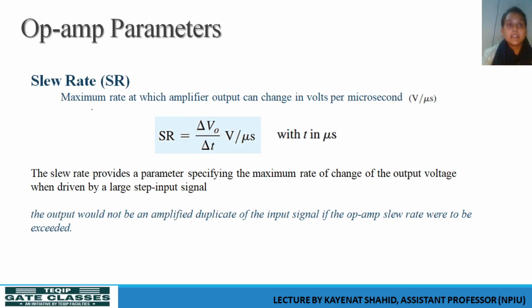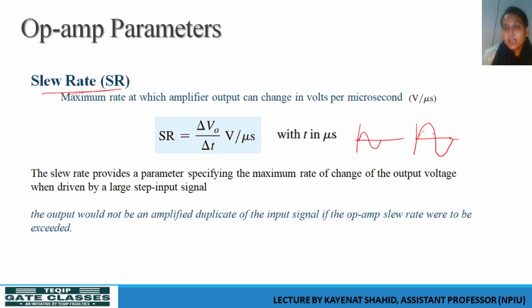The next important thing is slew rate. What we are saying is, if you are applying a signal like this, you want the output to be the same but amplified. You want your output to change at the same rate of change as the input.